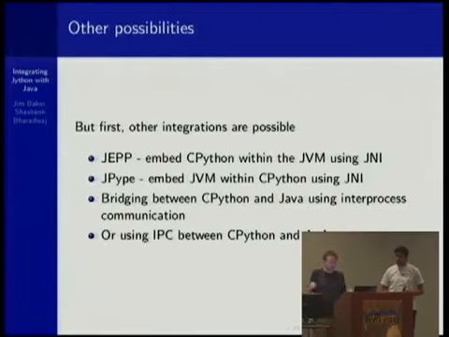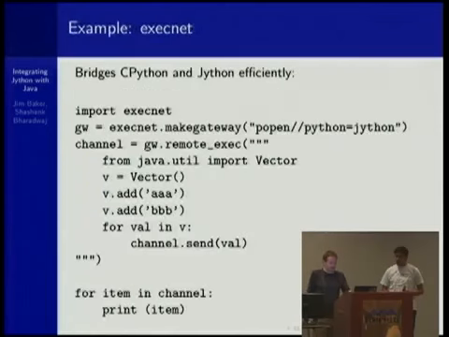Or you can even use IPC between CPython and Jython. So for example, there is this pretty cool tool called execnet, and there are some other tools just like this. I just happen to like this one. It uses a very efficient subprocess communication mechanism between Jython and CPython.